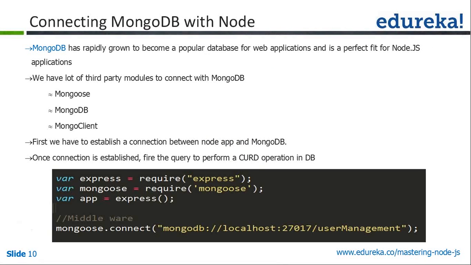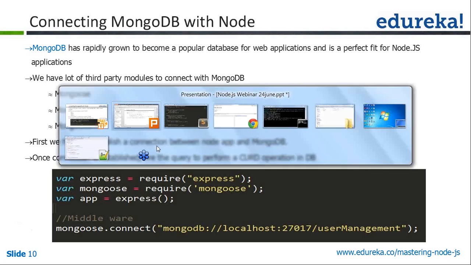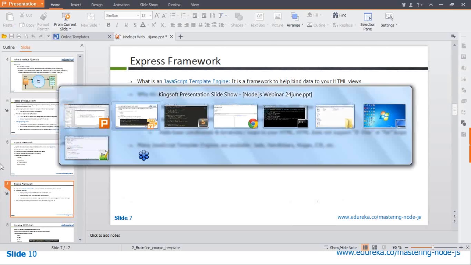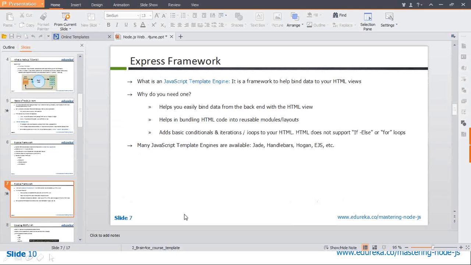For today's example, we will take the Mongoose module. Using this module, we will create a connection to MongoDB with a particular database. After that, we should be able to perform all the CRUD operations: create, update, delete, everything.